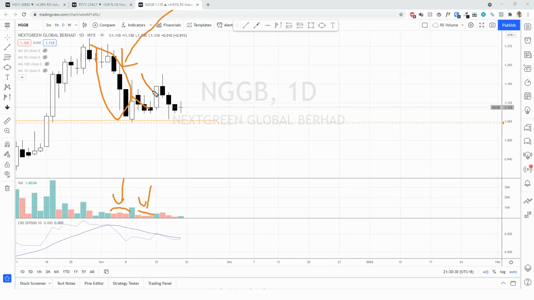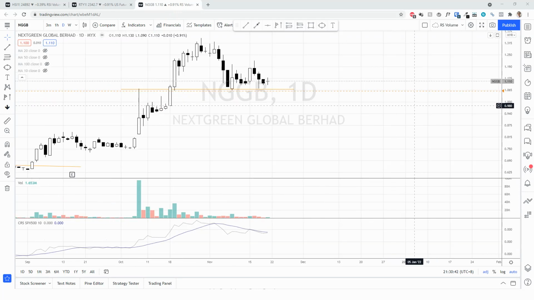It has an attempt to rally, but we see the rejection, and here comes another reaction. But look at this, very low supply. And the best thing is, at the moment, it is kind of supported at the axis line. So there's a previous resistance. Once it's broken out, it turns support.